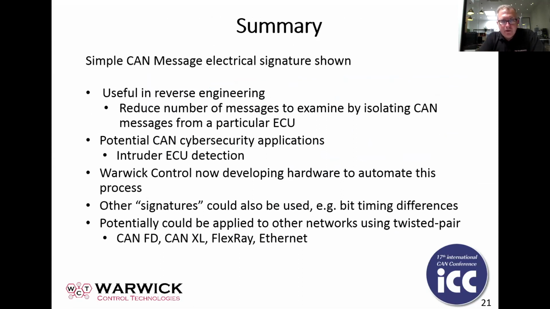So we've given an overview of what we would call our CAN message electrical signature. We use this to reverse engineer the system and benchmark the system. We've done this by using our CAN bus electrical signature, which basically isolates the data field alone.